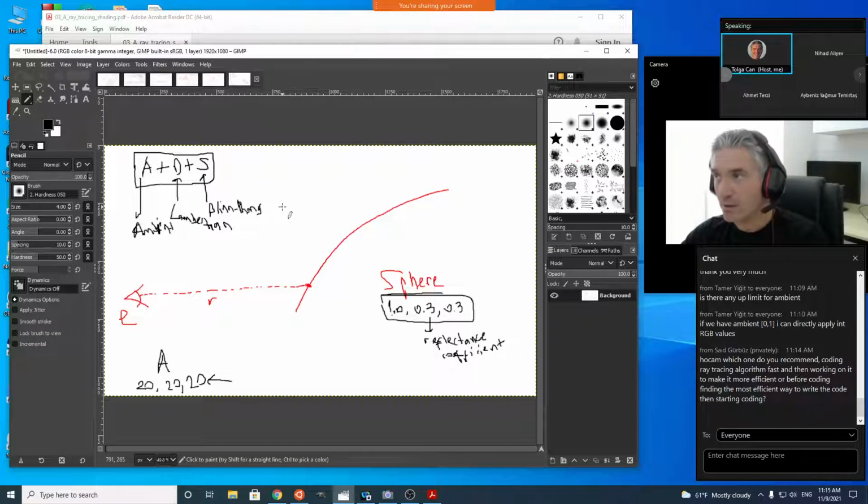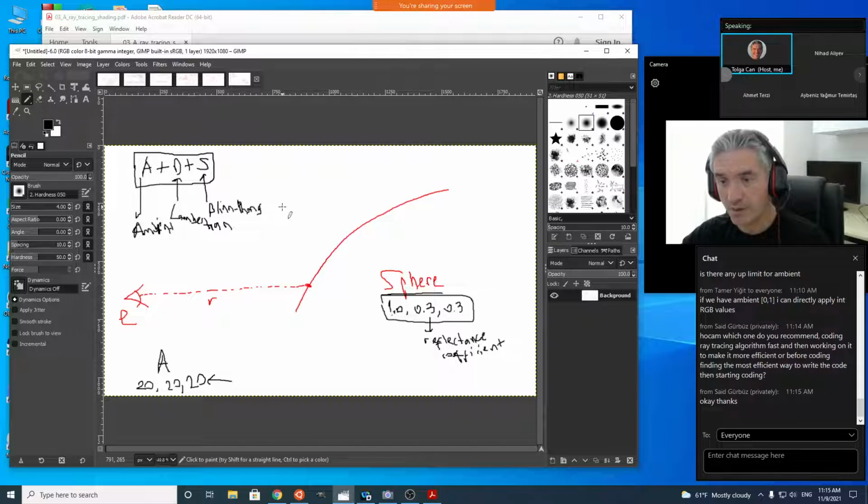Small optimizations, like pre-computing certain things that can be taken out of for loops, taken out of generation of rays, like pre-computing the normal vectors of the triangles, are optimizations that you can do afterwards, after you have your ray tracing code.